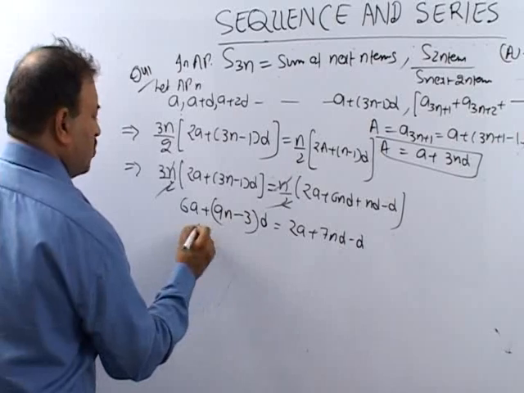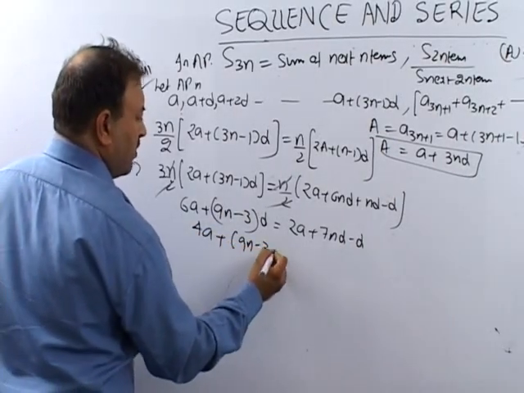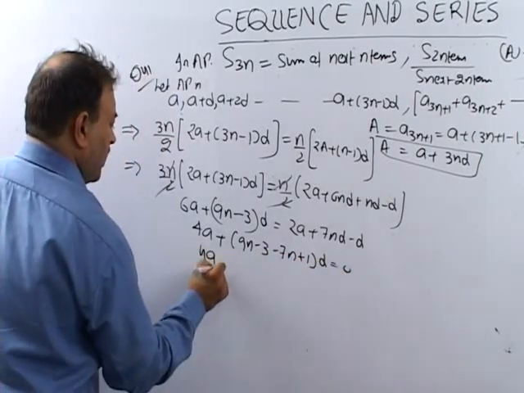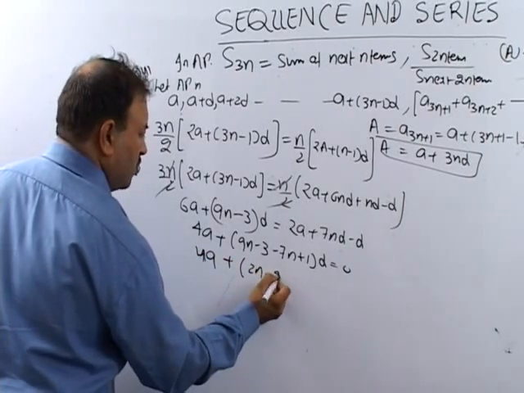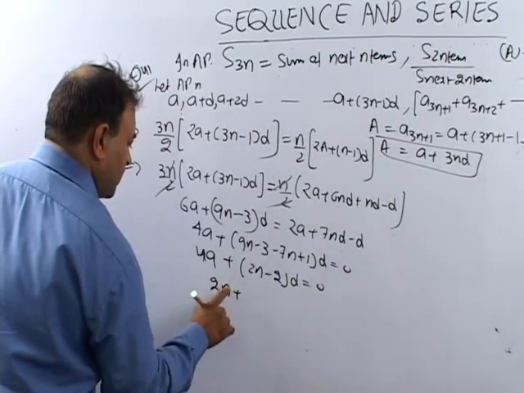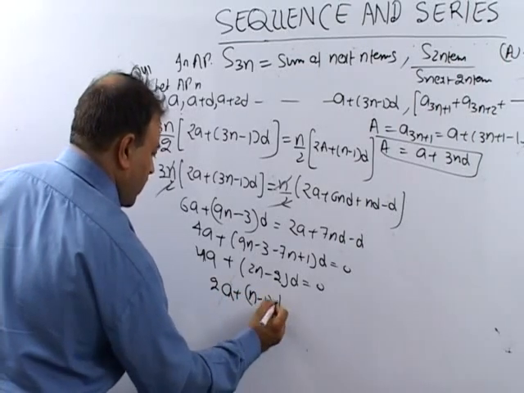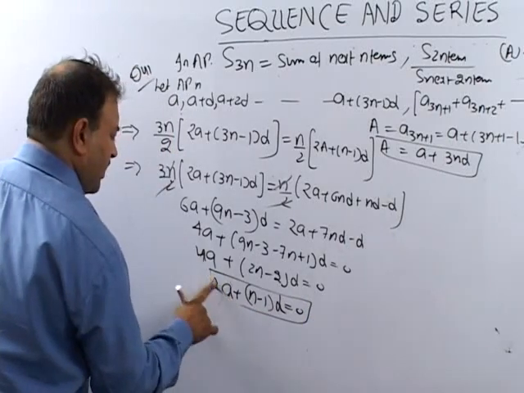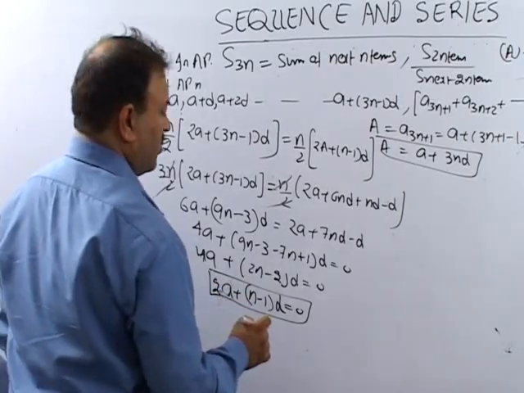So 6a minus 2a gives 4a, and 9n minus 3 minus 7n plus 1 into d is equal to 0. We got 4a plus 2n minus 2 into d, dividing by 2: 2a plus n minus 1 d is equal to 0. So we got the result 2a plus n minus 1 d is equal to 0.